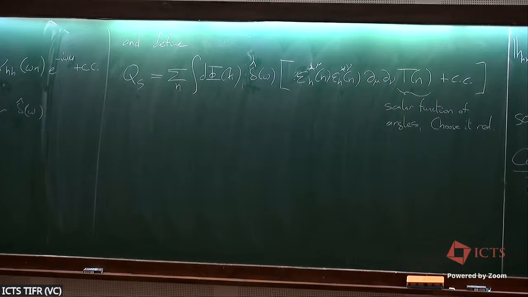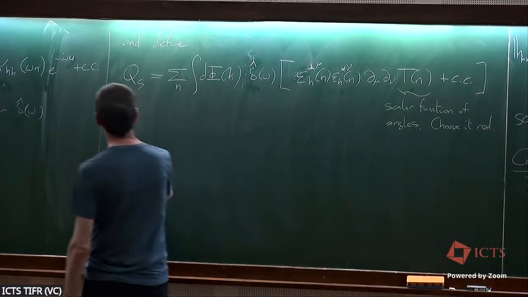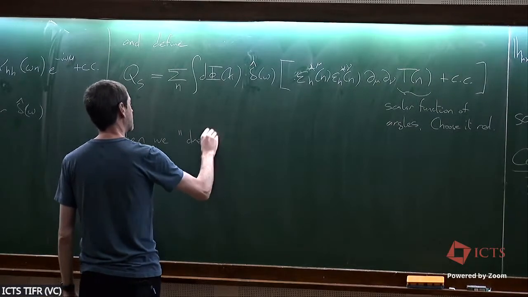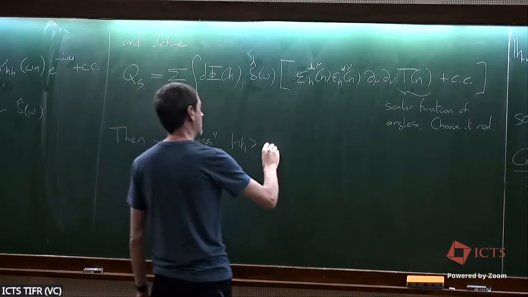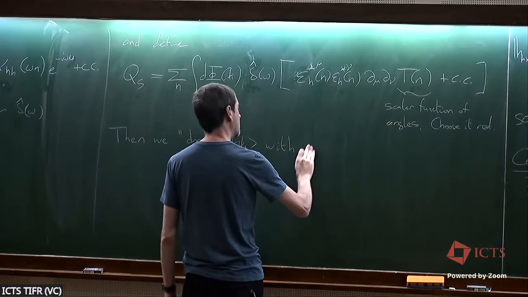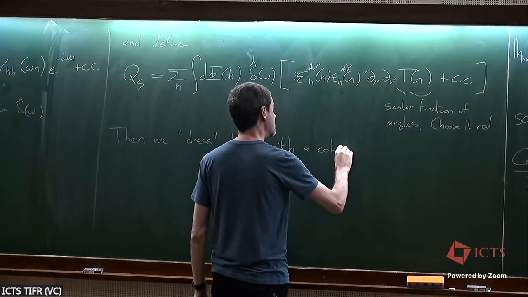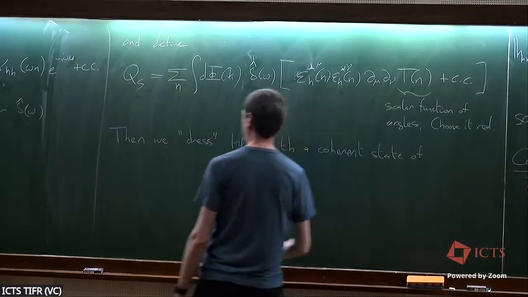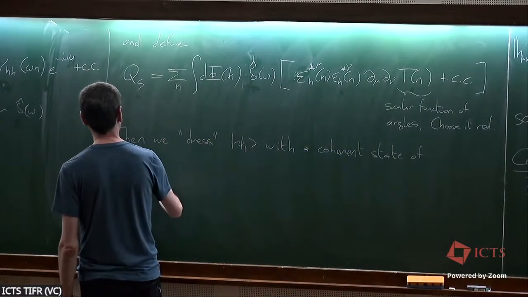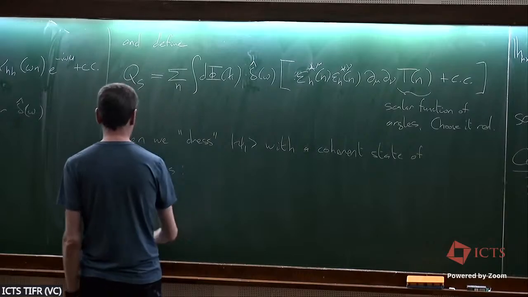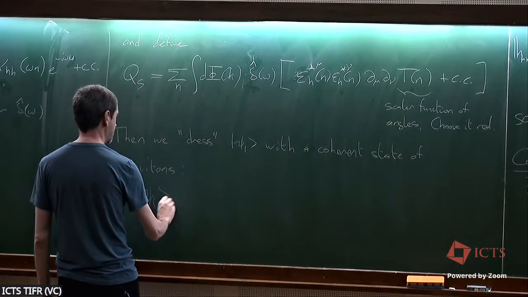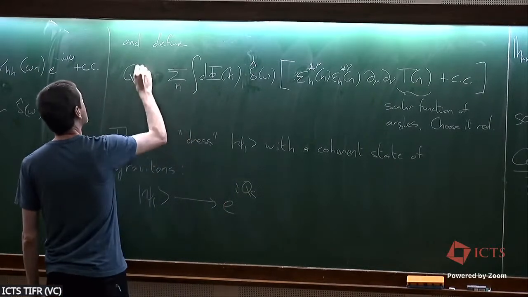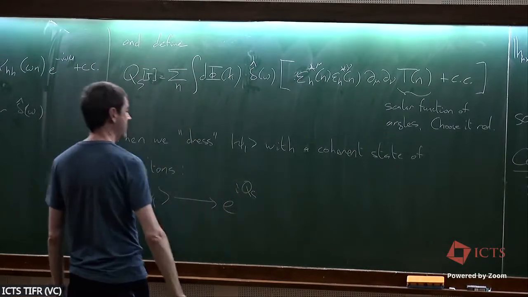Okay. So we'll dress it with a coherent state of gravitons. So I will replace the psi1 by e to the I qs. I like to indicate that it's a function of t.